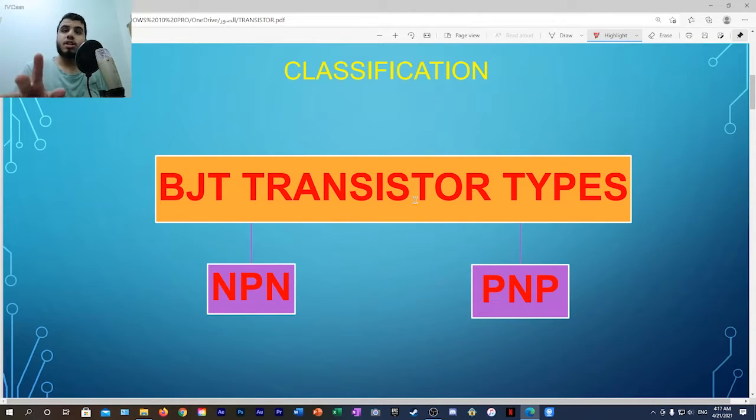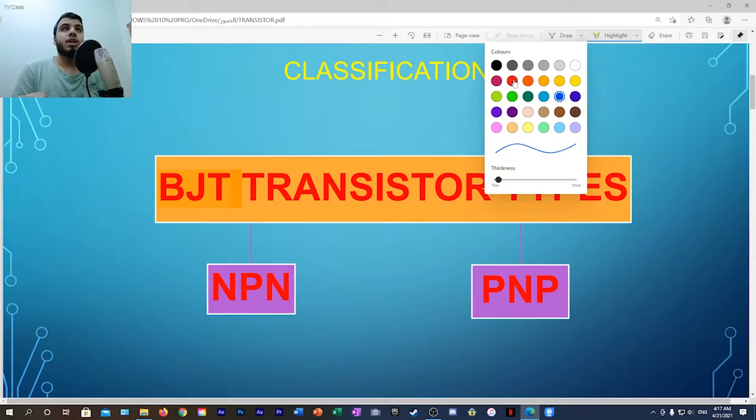BJT transistor types. BJT stands for bipolar junction transistor. NPN and PNP. What's the difference between them? Actually, the difference, we'll write here. Let's make it bigger.